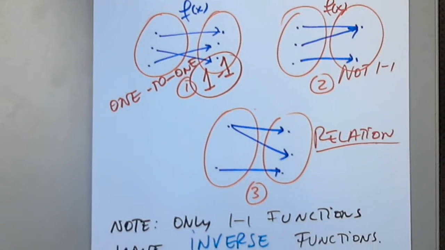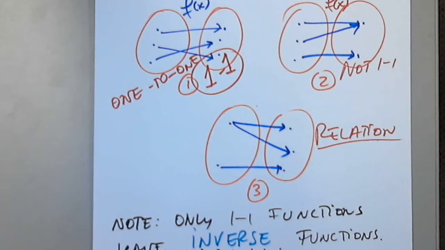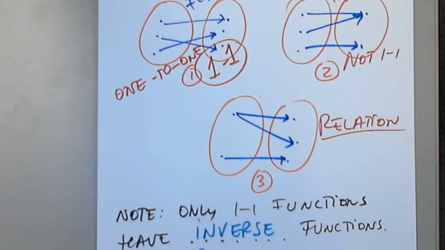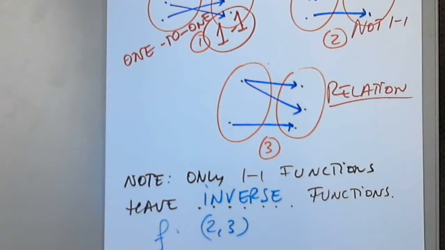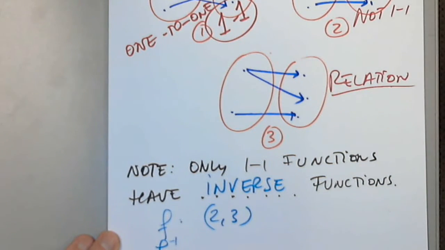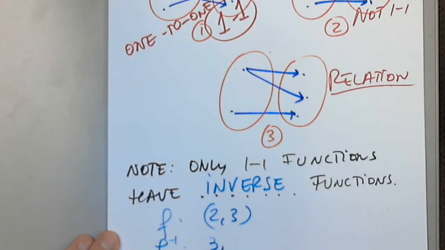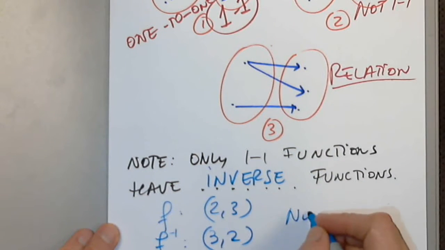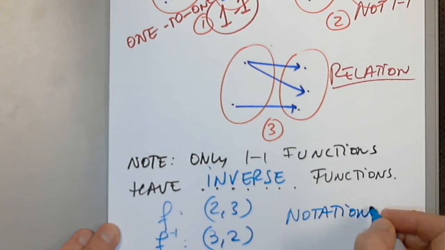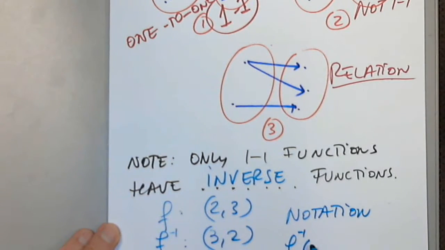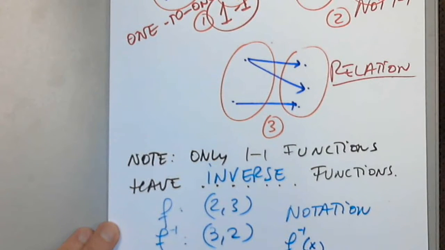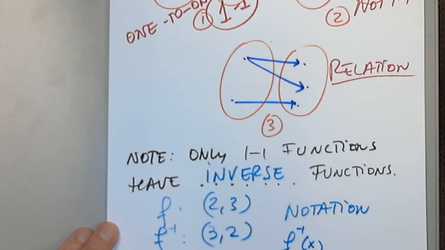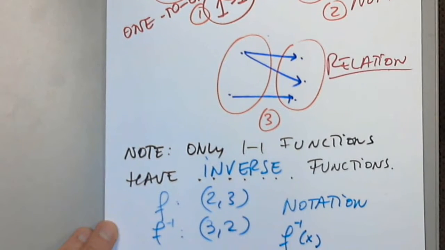So if a function has the ordered pair 2, 3, the inverse function, and this is the time I want to mention the notation, will have the ordered pair 3, 2. So the notation is f inverse. This is not f raised to -1. It's not 1 over f.